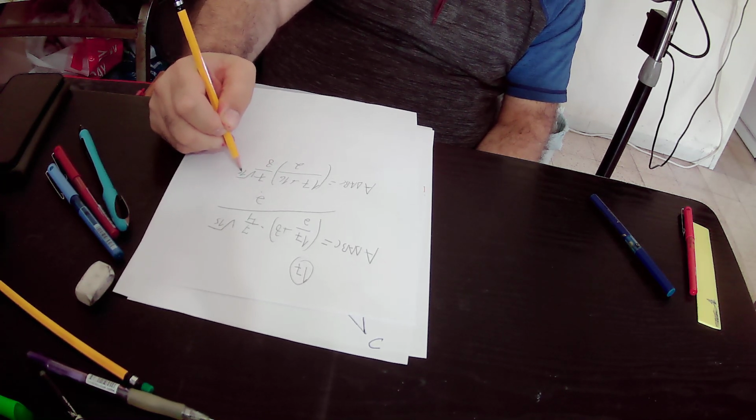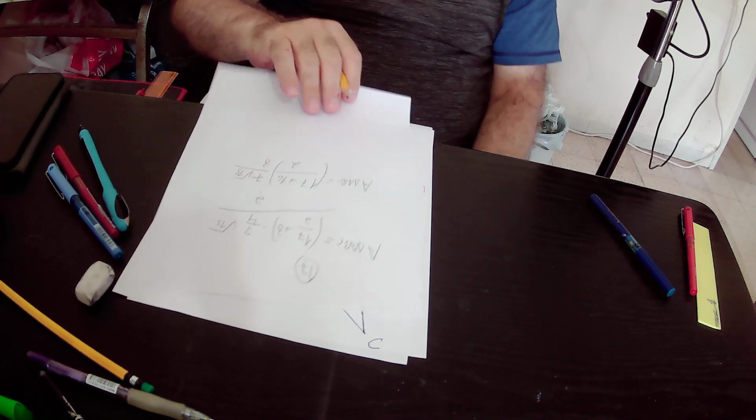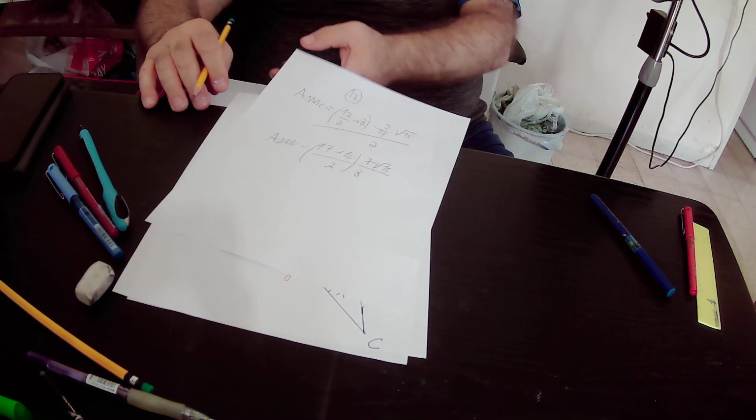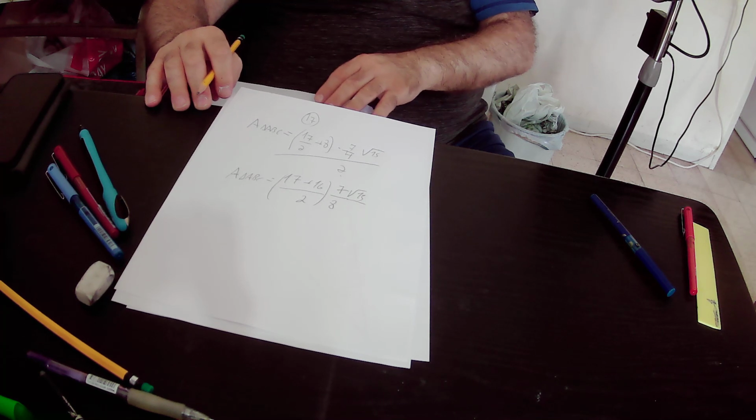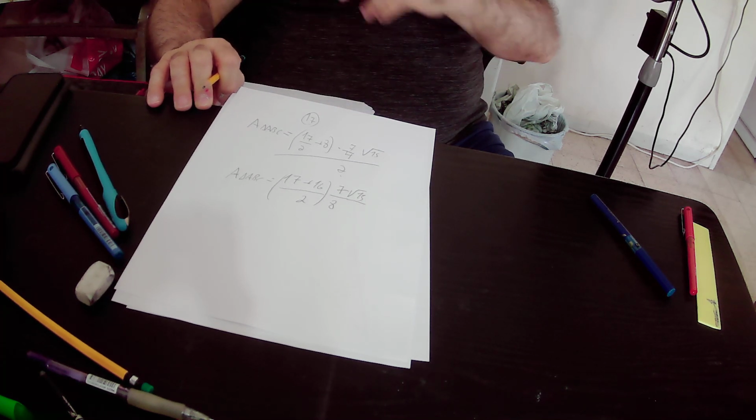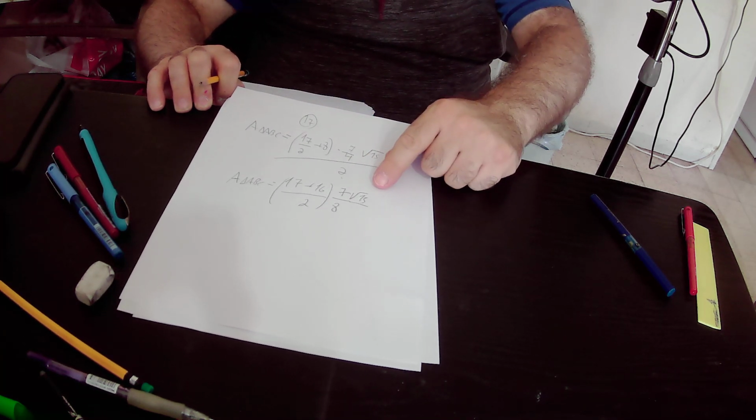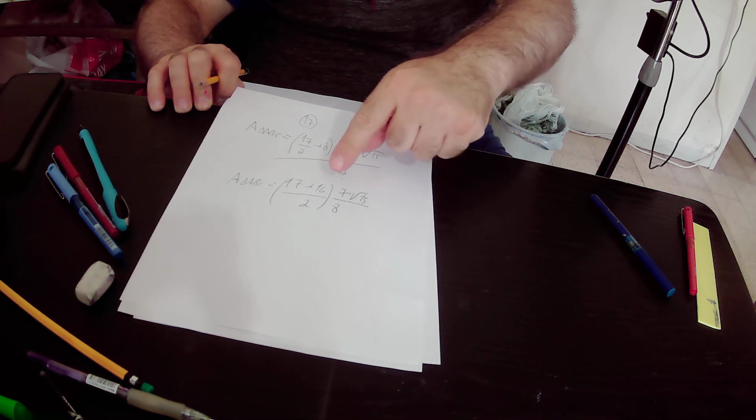So in total we got that the area of triangle ABC equals 17 plus 16 times 7 times root 15 over 2 times 8.